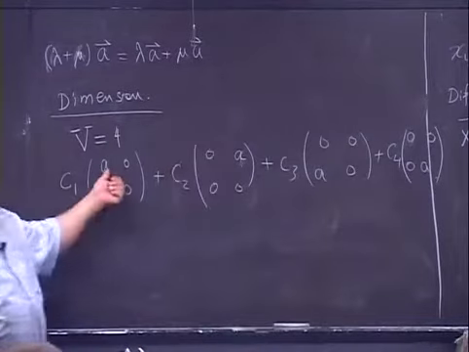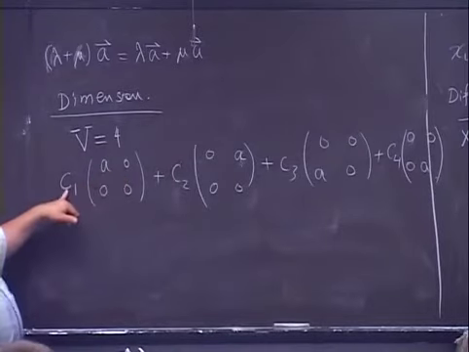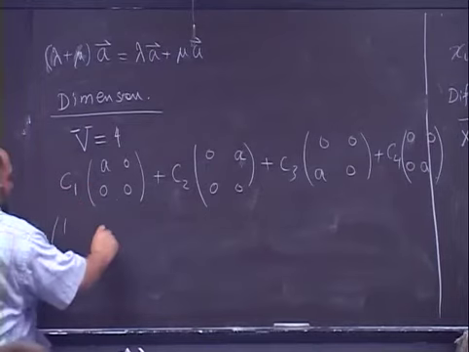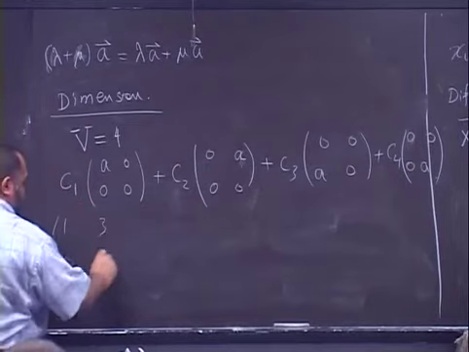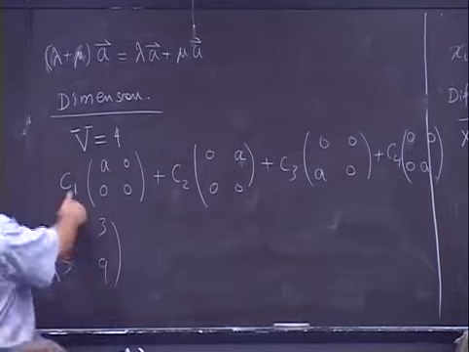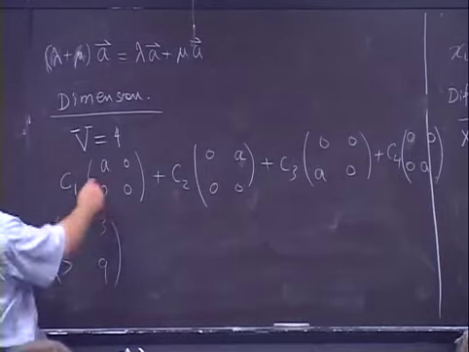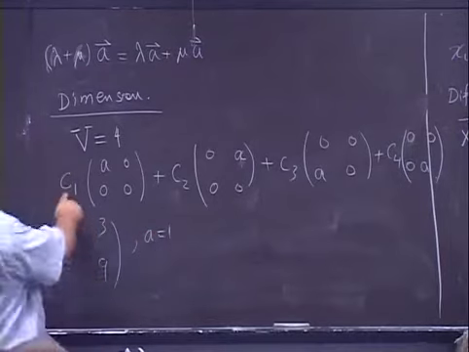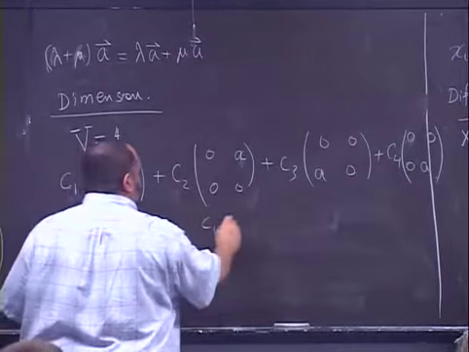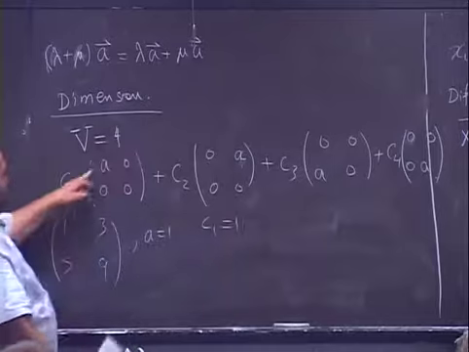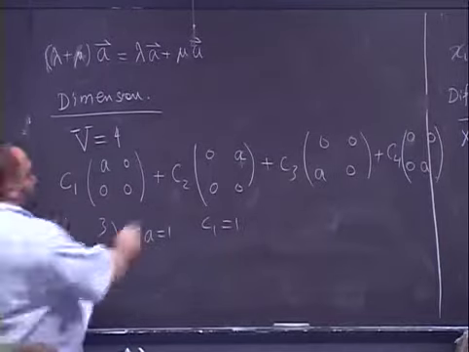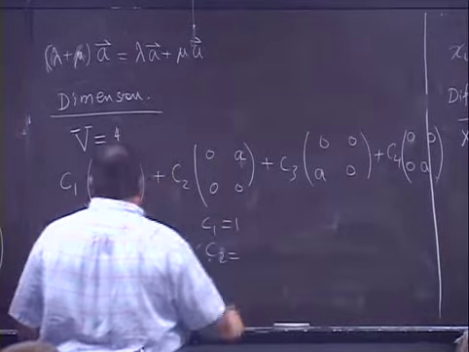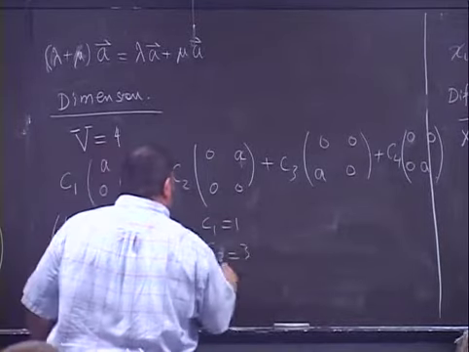Yes? So if A is 1, and let's say we want to build the matrix 1, 3, 5, and 9. Let's assume that A is equal to 1. So C1 will be what? 1 by 1 is 1. And C2 is what? 3.